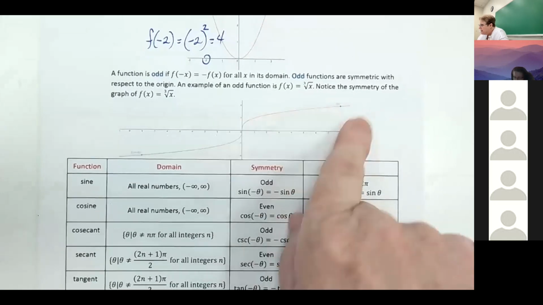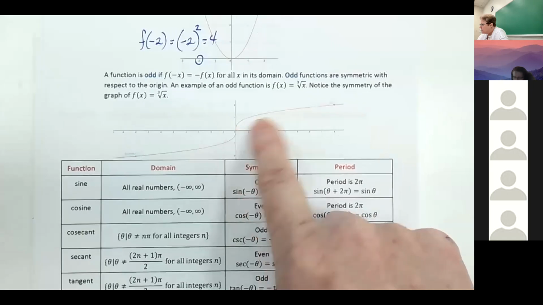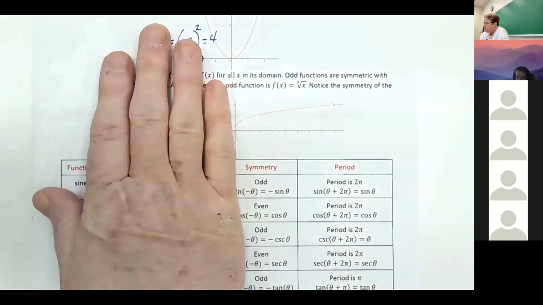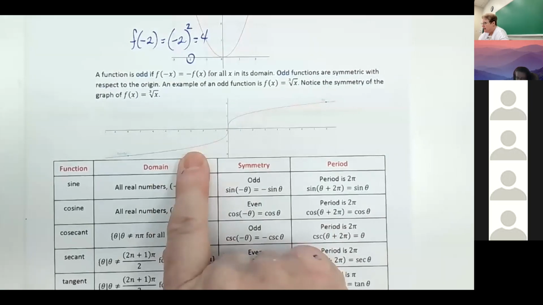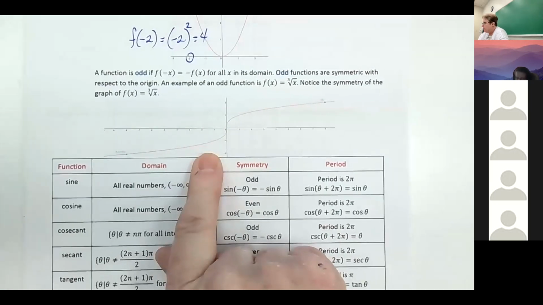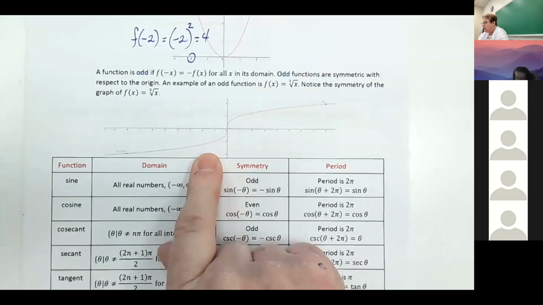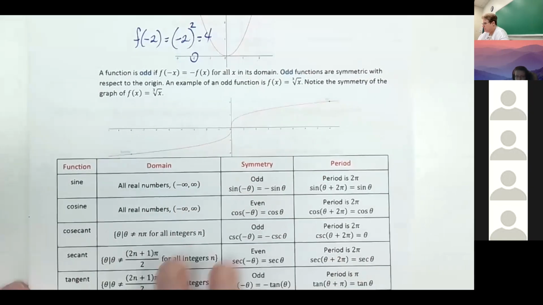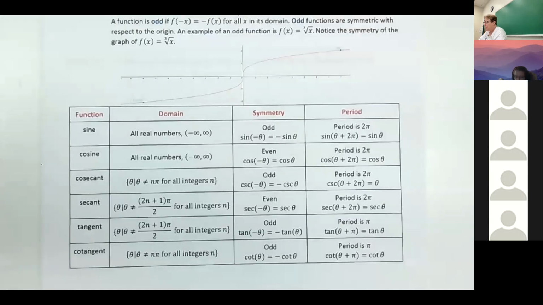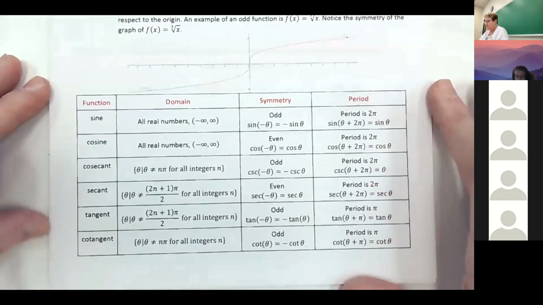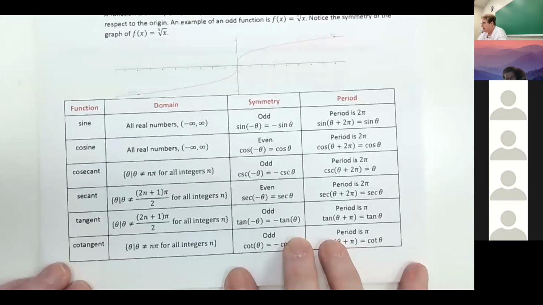But do you see if you take this part in the first quadrant, flip it into the second, and then flip it into the third, that they will match? That's what symmetry with respect to the origin means. We're going to investigate these properties more, but right now I want to give them to you.